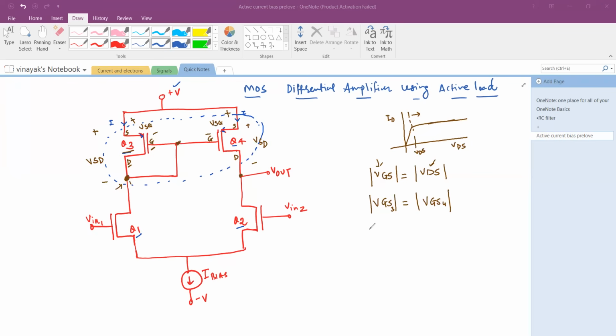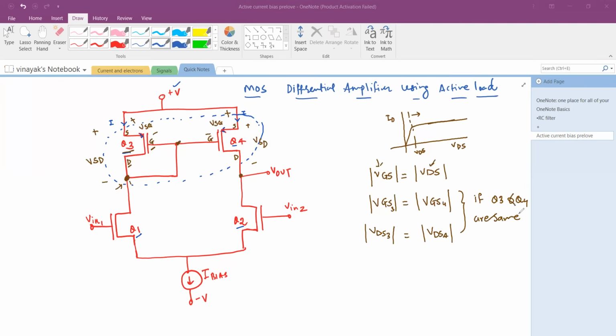So we say that VDS3 is equal to VDS4. And these two conditions happen if Q3 and Q4 are the same.